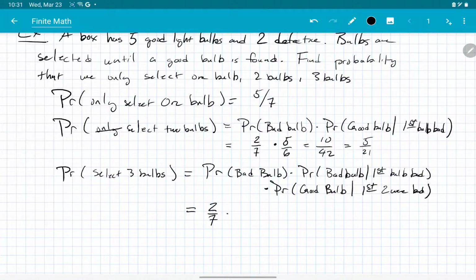The probability of a bad bulb the second time is 1 out of 6, because there's only 1 bad bulb remaining and there's 6 bulbs left in the box. And then what's the probability that you pick a good bulb with the third pick? Are there any bad bulbs left? No, they're gone. So that probability is 1. So this is 2 over 42, or 1 out of 21.